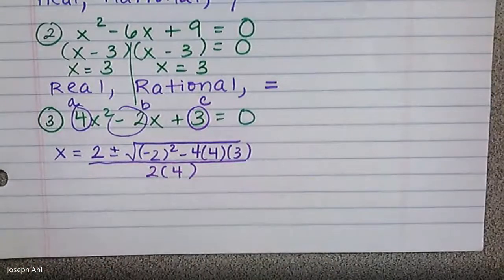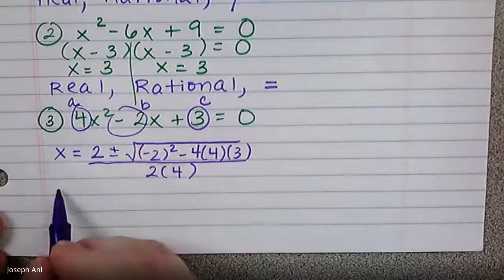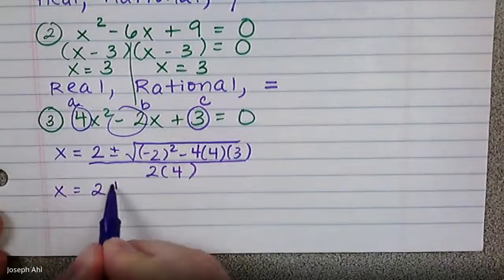So there we go. Plug in your appropriate values for A, B, and C in those locations. And then really all your work from there is surrounding simplifying that radical.